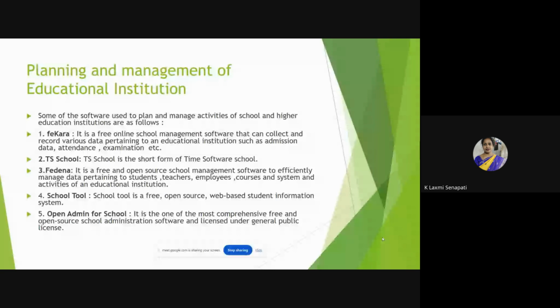So by using this ICT we can exchange our ideas also. And School Tool is also a free, open source, web-based student information system.